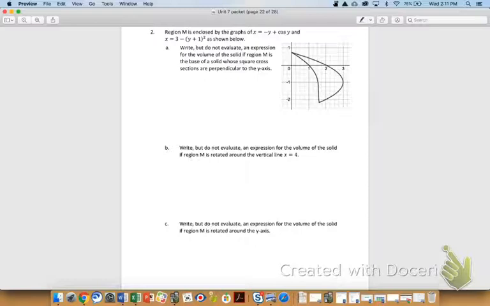Joey, there is your Unit 6 test. You want to check that out? Brandon, here is your Unit 6 test. Will, here is yours. Ty, here is your Unit 6 test.